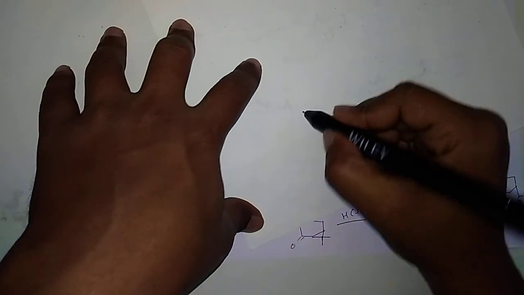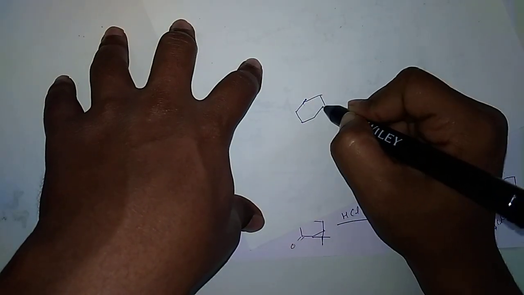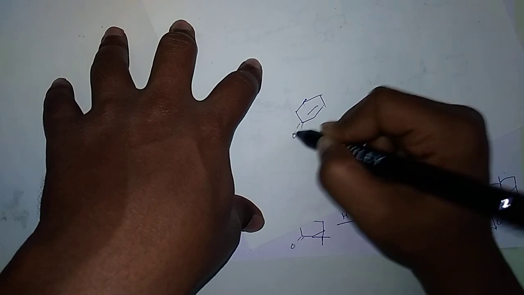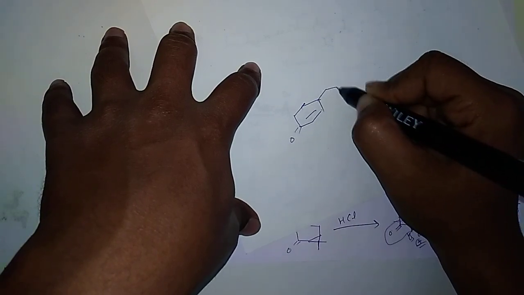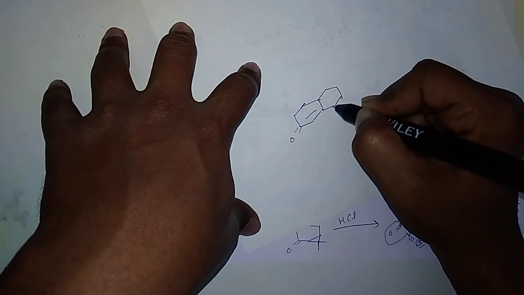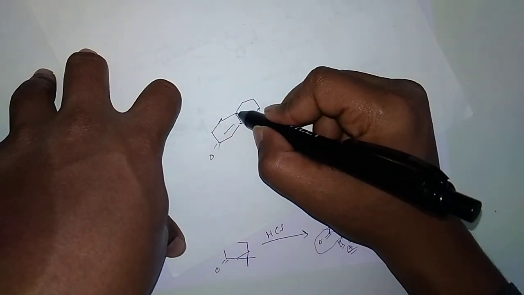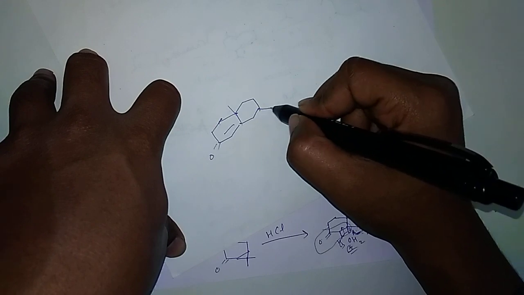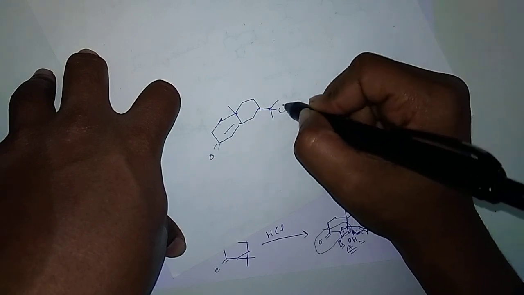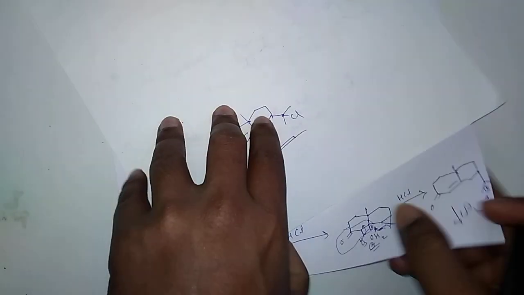So finally you would be getting a double bond to O, and we have one methyl over here, and this is the Cl. So this is going to be your final product.